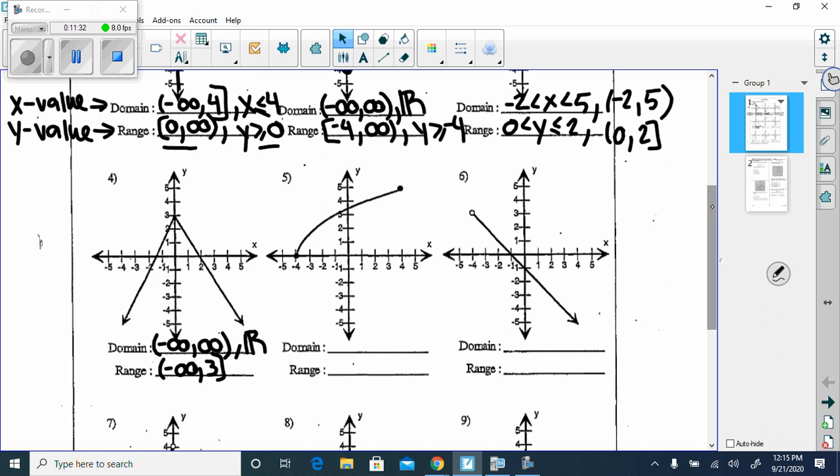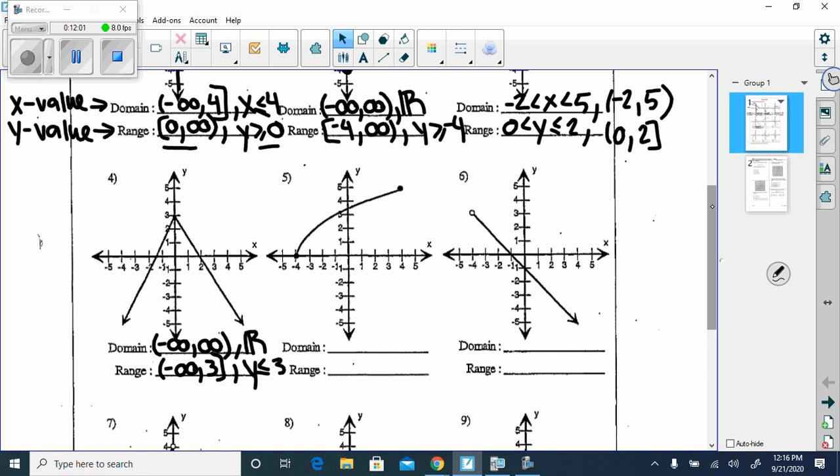So here, I want to write this with an inequality. If 3 is the biggest, and then it's going down to negative infinity, is y getting bigger or smaller as it goes? Smaller, so y is less than or equal to 3. Okay.